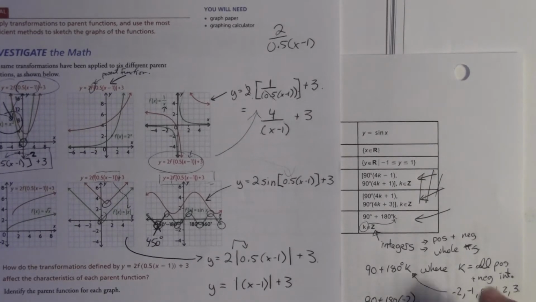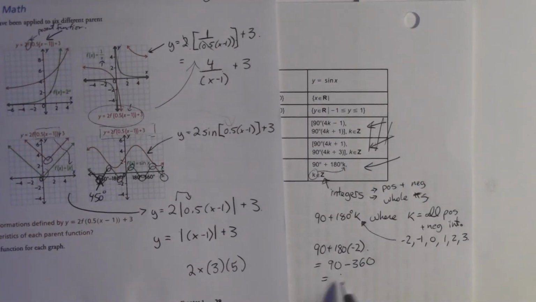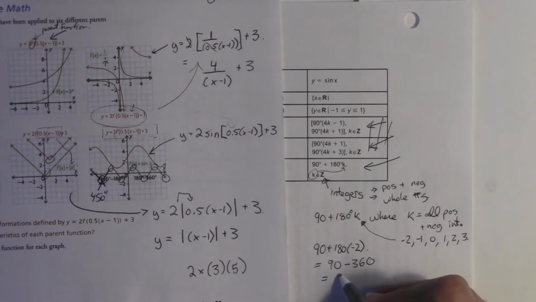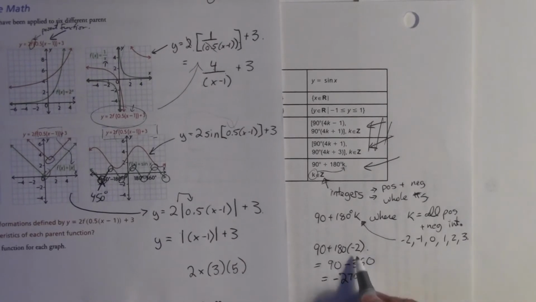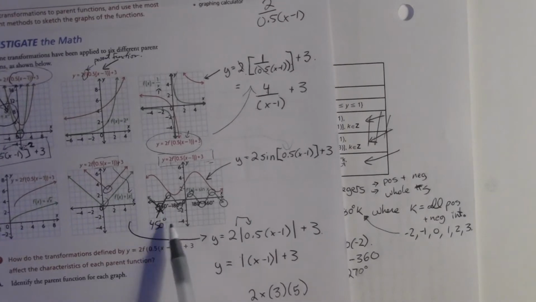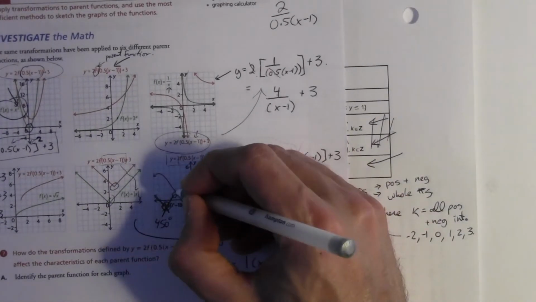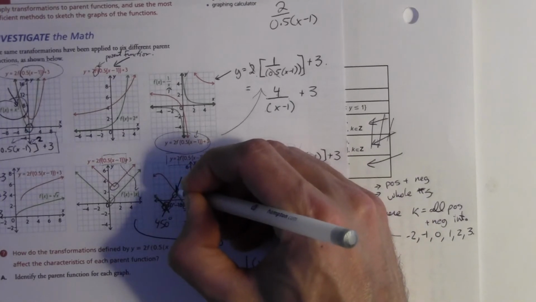Sorry? It's not on the screen. Oh, sorry. So 90 minus 360 is what? Negative 270. So at negative 270, we should have a turning point. Let's see. So here's negative 270. There's our turning point. Okay?